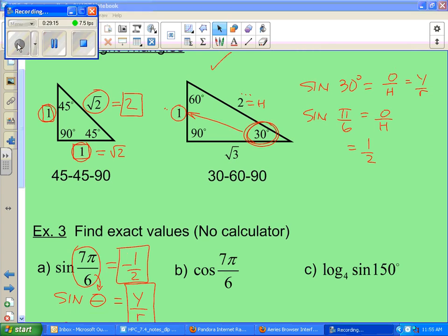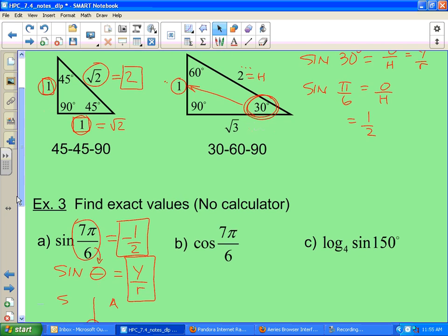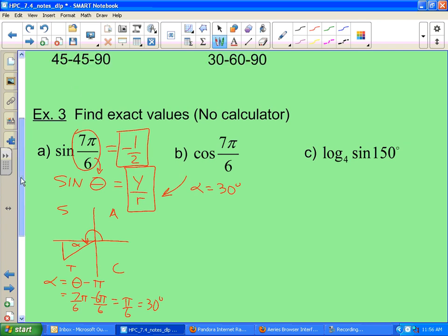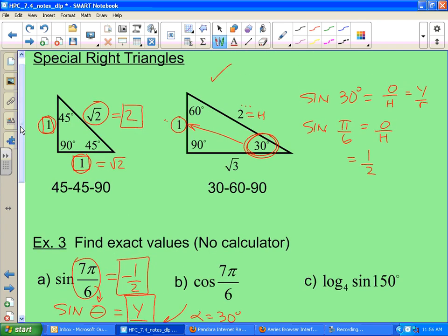So the answers, what do we do here? So log, first of all, cosine 7 pi over 6. It's in the same location as this one was. So we had a 30 degree reference angle. And we know for cosines, going back to our triangle, cosine is adjacent over hypotenuse.